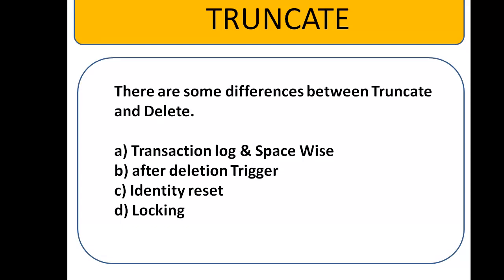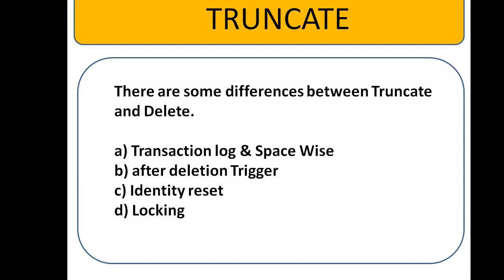If we use the delete statement, the identity column will not reset for the upcoming new rows. So it will continue from the last identity value. But the truncate table statement will reset it for new upcoming values. So the delete statement cannot reset the identity value, while the truncate table statement can reset the identity value.